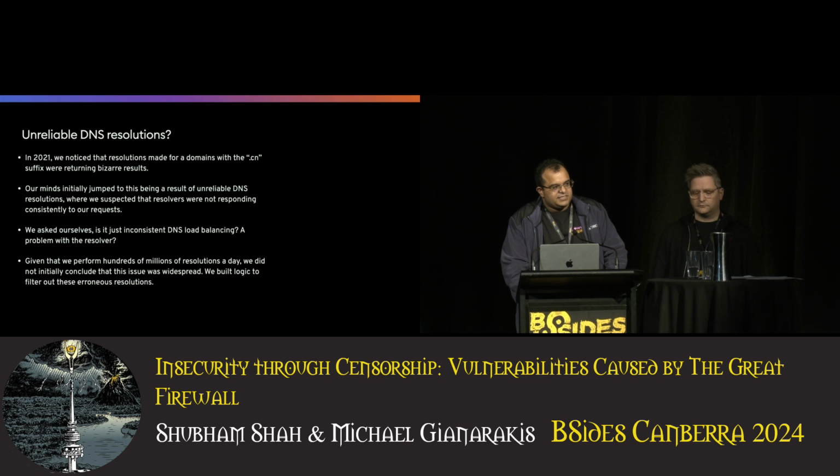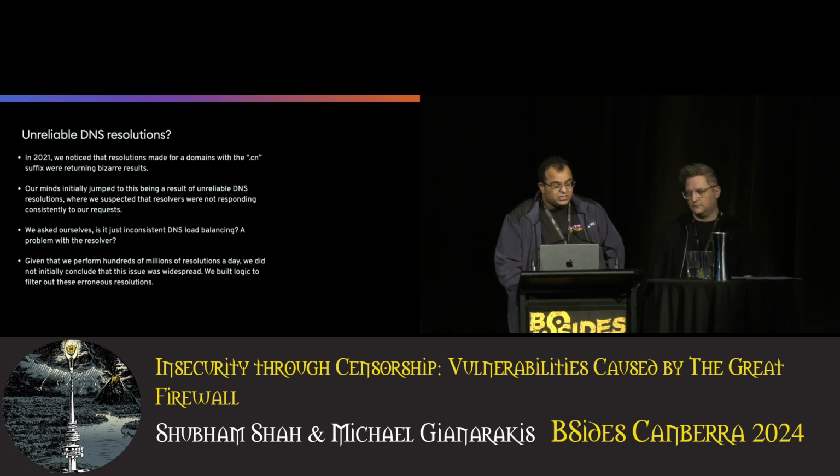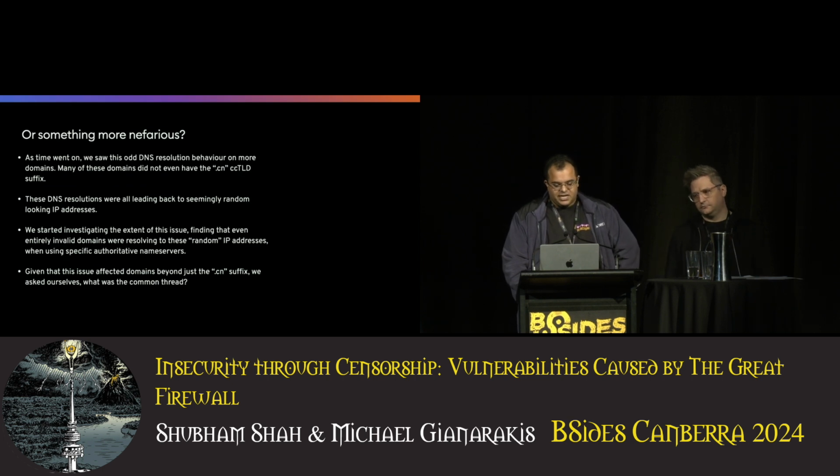We asked ourselves, is this just due to inconsistent DNS load balancing, or is this a problem with the resolver? But given that we do hundreds of millions of resolutions a day, we didn't initially conclude that this issue was as widespread as it was. We initially just built some logic to filter out some of these erroneous resolutions, but we started thinking, is there something more nefarious going on here?